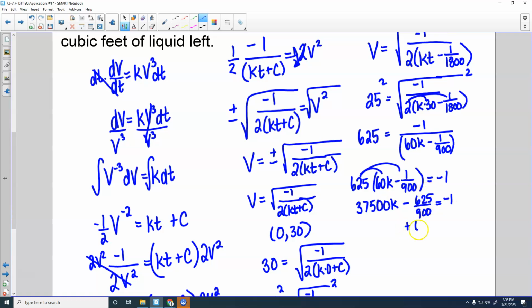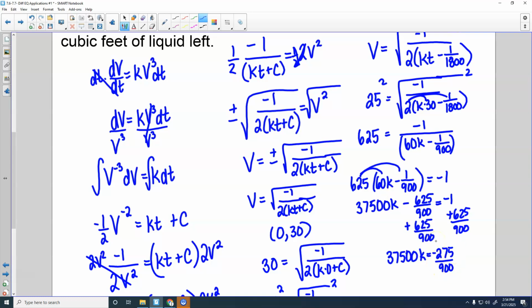Add 625 over 900. Which will be 37,500 K equals negative 275 over 900.